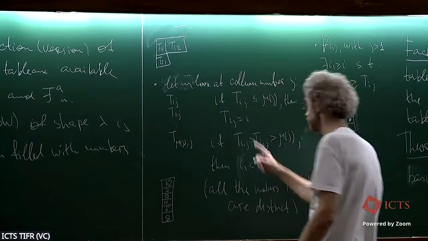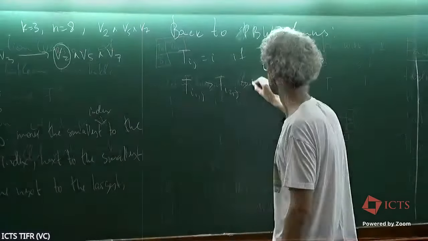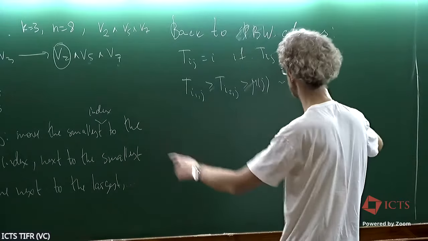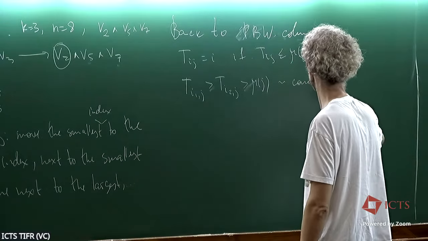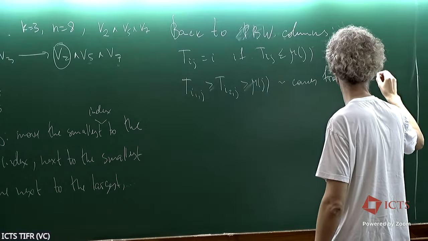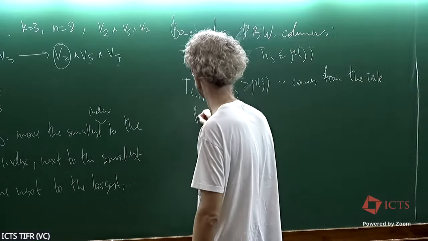So of course, it follows from what we wrote, but let me stress. So this condition for numbers larger than mu of j, this comes from our recipe, from the rule above.